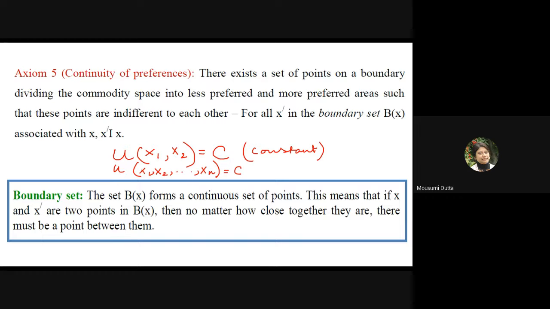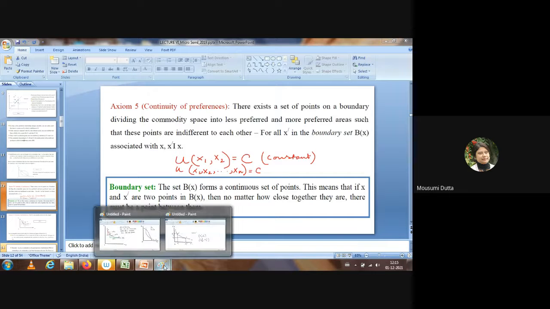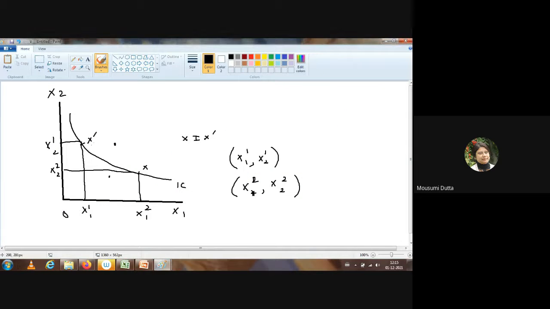We are considering different combinations of the 2 commodities, and for any combination of x1 and x2 along this line, the consumer will have similar utility. I can change the combination of the 2 commodities. However, all the combinations belonging to the line will give equal utility, similar or equal satisfaction.